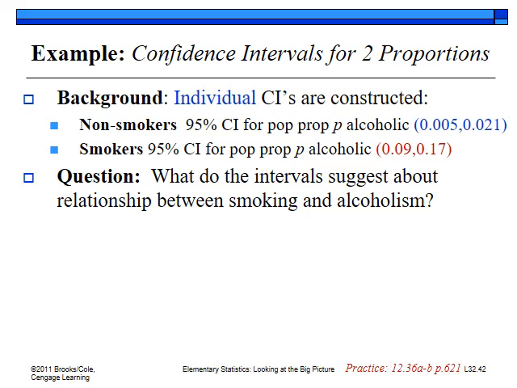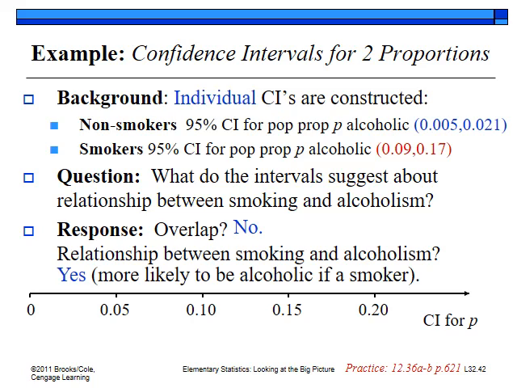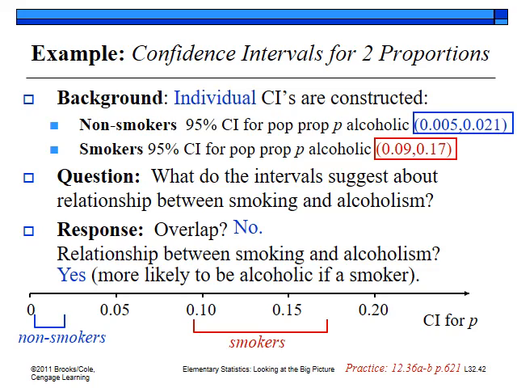Well, if there is no relationship, the proportions should be equal. But look at those confidence intervals. Are there any numbers in common to those confidence intervals? Do they overlap? No, and it's not even close. That means there can't be a common proportion that works for both, which means there must be a relationship. Absolutely. Here's what the confidence intervals look like on this number line. There are the non-smokers way down on the left, and here are the smokers way up here on the right. They are not close.